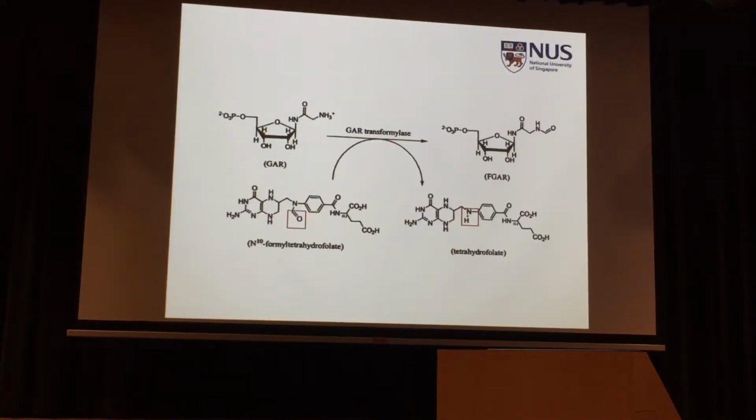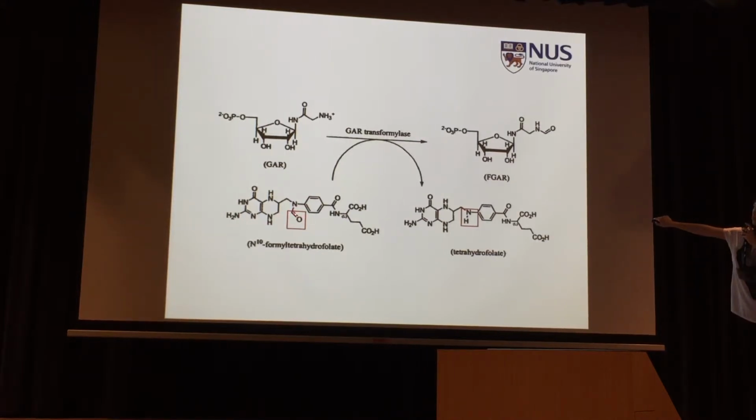I didn't add it in, but I just want to show you how tetrahydrofolate looks. This is the substrate. It's a bit complicated. You're not required to remember the structure, of course. But I want to show you that this is N10, number 10. I will send you this slide. The N10 formyl group has been transferred to here, to the amine group.